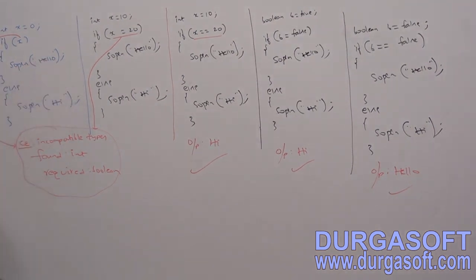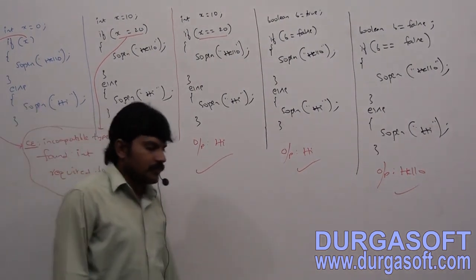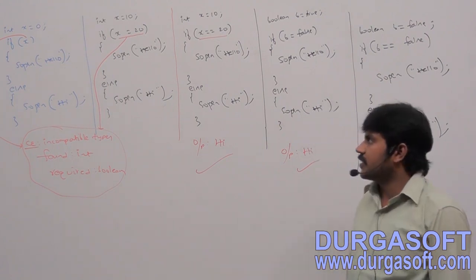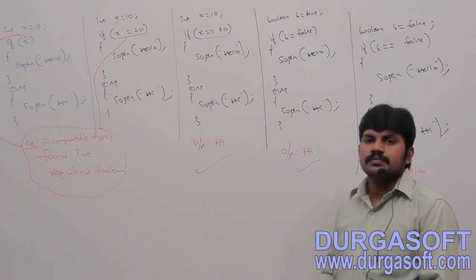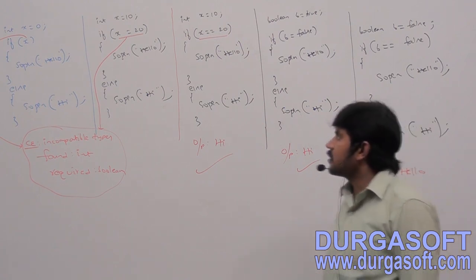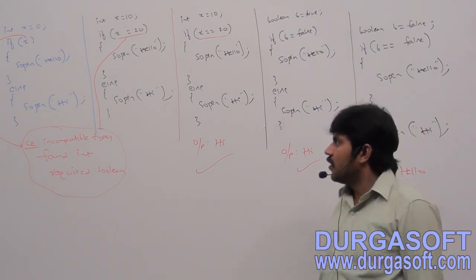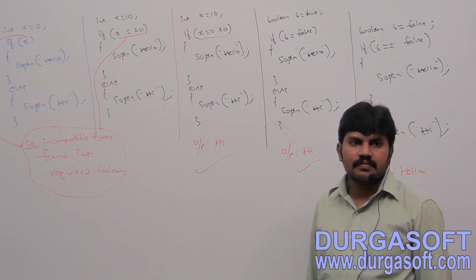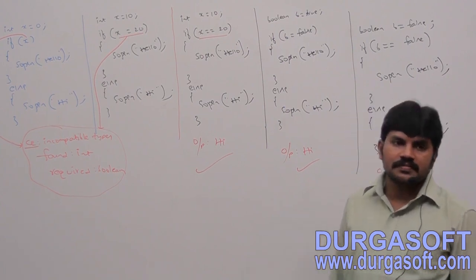Completed, I hope. Next, even in the second case we are going to get the same. Int x is equal to 10. If of x double equal to 20, SOP of hello, else SOP of hi.